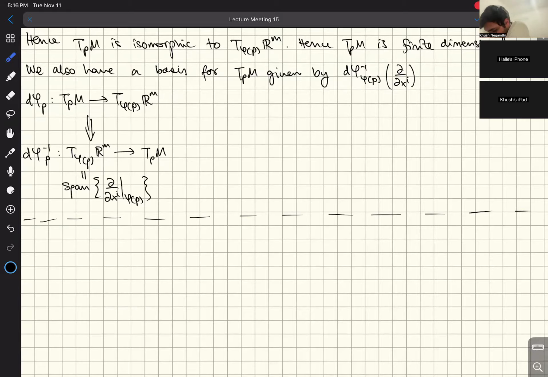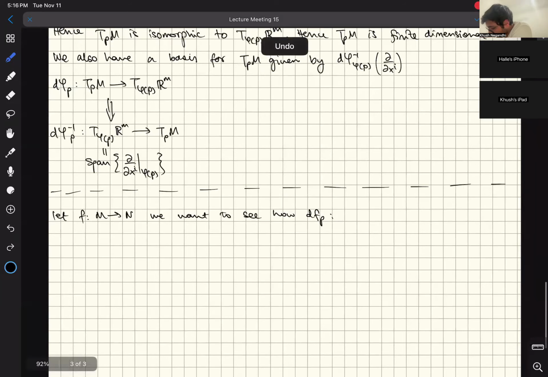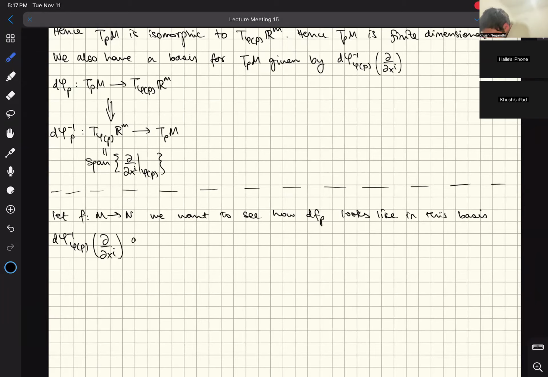So let F be a smooth map from M to N. We want to see how dF_p looks in this basis. By this basis, I mean d phi inverse at phi(p) of partial x_i and d psi inverse at psi of f of p of partial y_i.